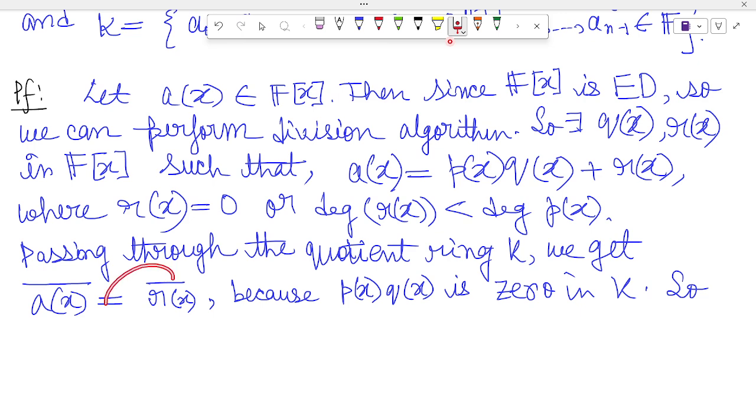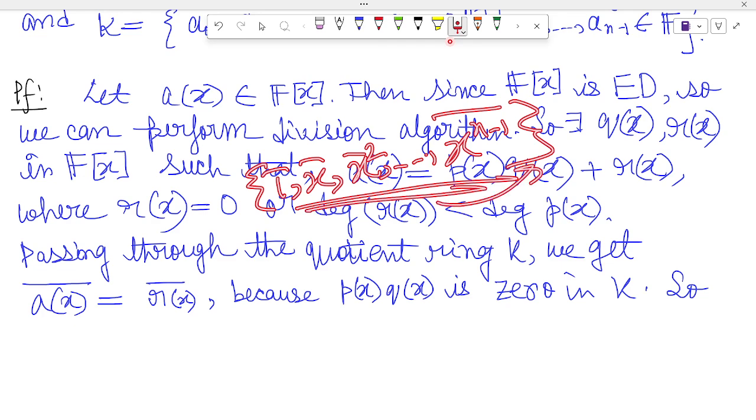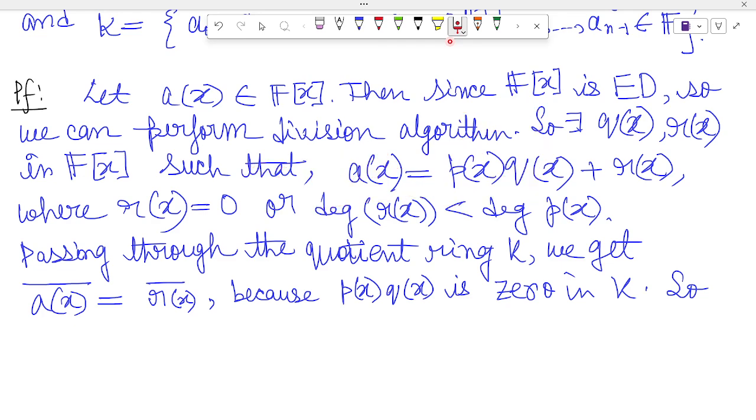Okay, but that will not give me more than degree n minus 1 polynomial. So their basis will be 1, x bar, x bar square, up to x bar to the n minus 1, because above this we cannot go. Okay, so the canonical image of the basis will give me the basis of that quotient K.